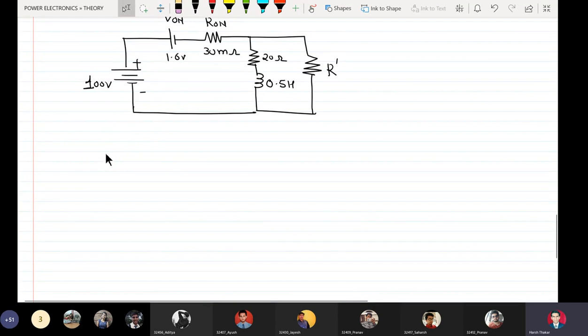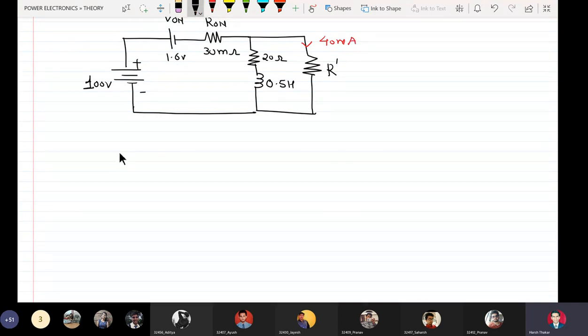So now the calculation will be R dash equal to E in minus V on upon R on. We want this to be 40 milliamperes.